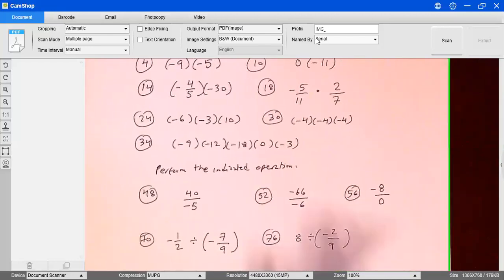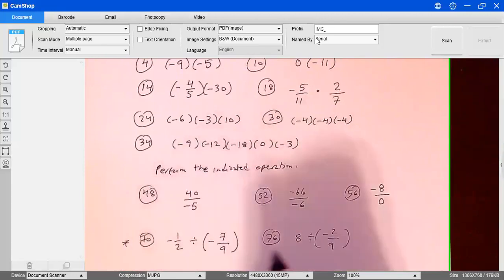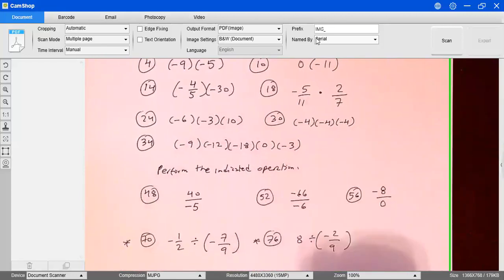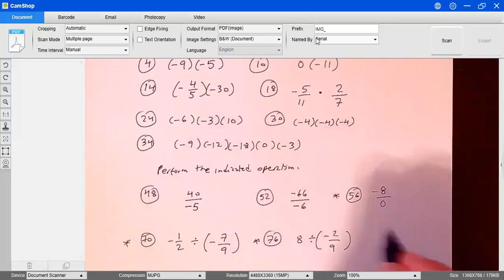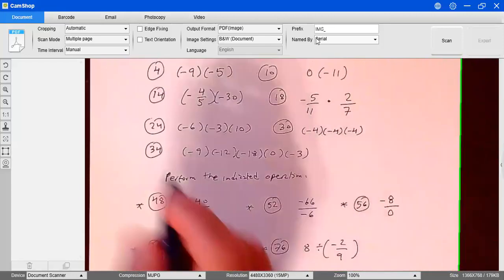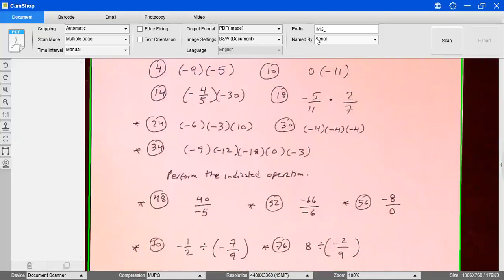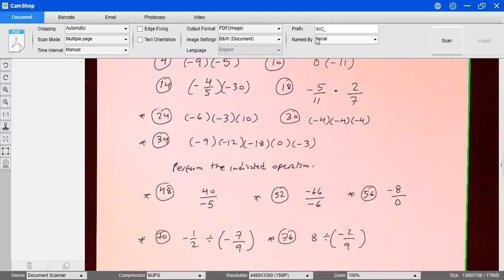So what are the problems that you're going to turn in? You're going to work these two. So I think all the divisions are important. And finally 34 and 24, at least those problems you're going to need to turn in.